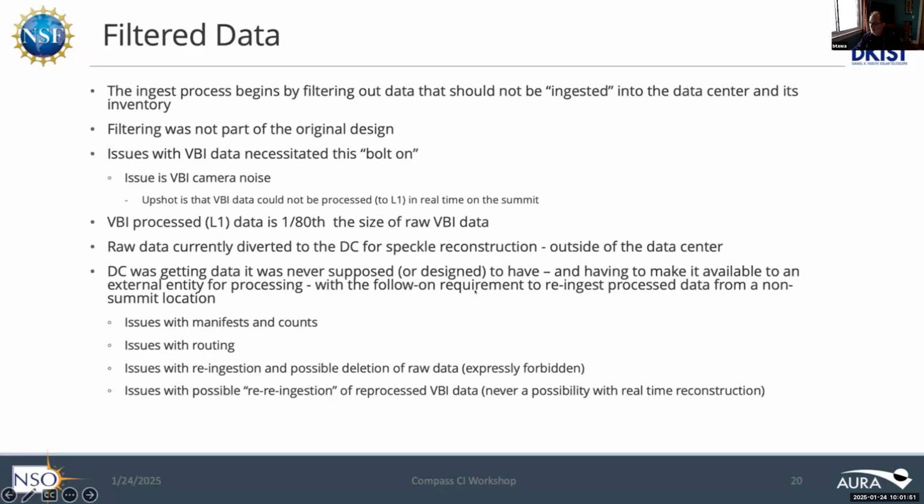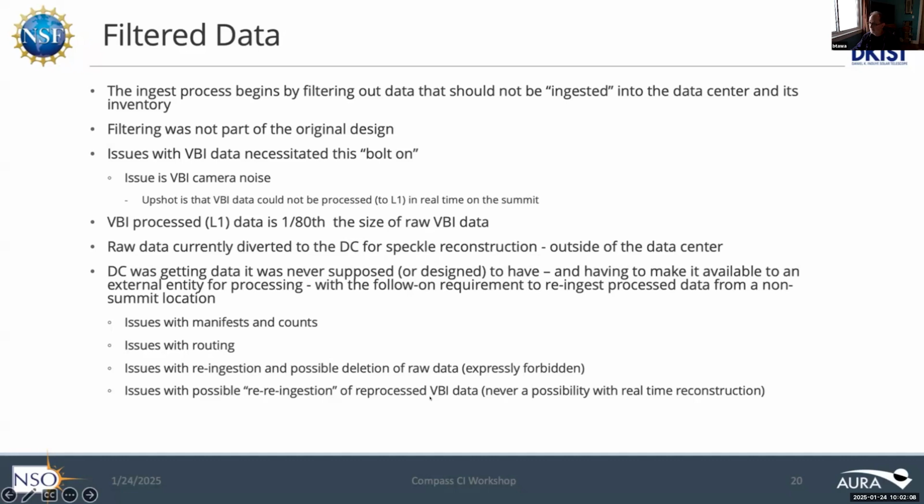We were never supposed to get this much data, and because of that, it caused a lot of issues with manifests and counts, issues with routing. Now we have to re-ingest the data when the scientist is done processing it.